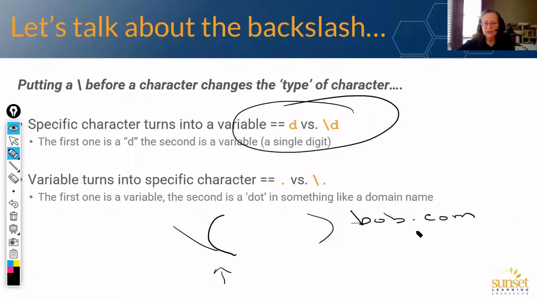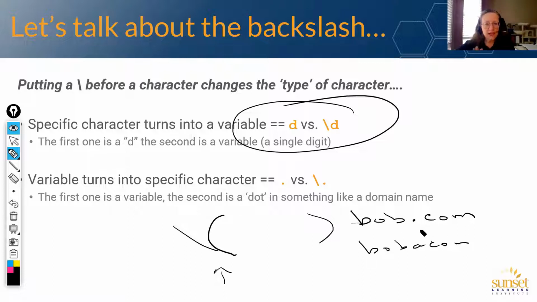This dot here, is this a variable or is this supposed to be a dot? You and I can look at this and say, yes, that's supposed to be a dot. But what if I put this into VCS? VCS is going to see that as a variable. So BobXcom, B-O-B-A-C-O-M, would be a match.